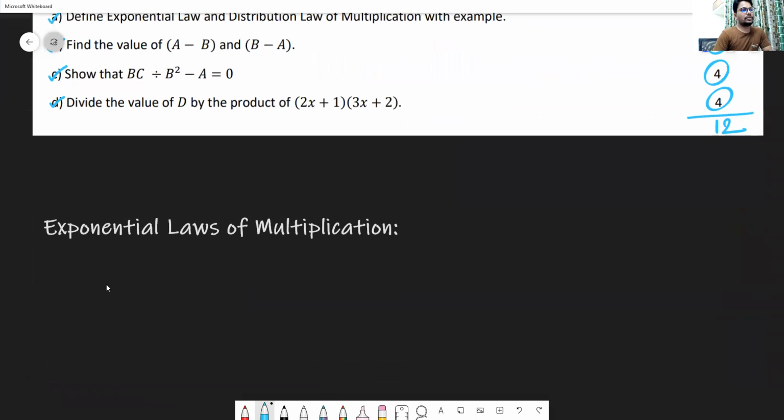So now answer to the question number A. Here we can write number A, exponential laws of multiplication.